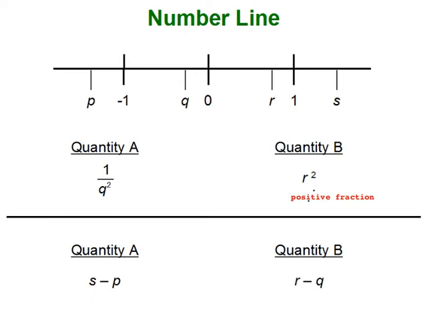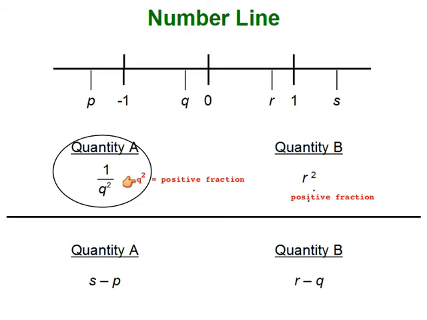And when you take the reciprocal of a positive fraction, you get a positive integer, which means that quantity A must be larger than quantity B, because the reciprocal 1 over a positive fraction just means you flip that fraction over.